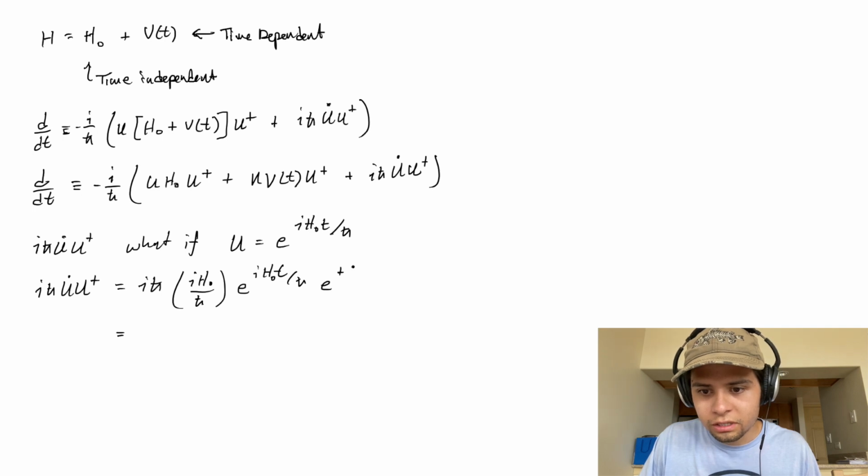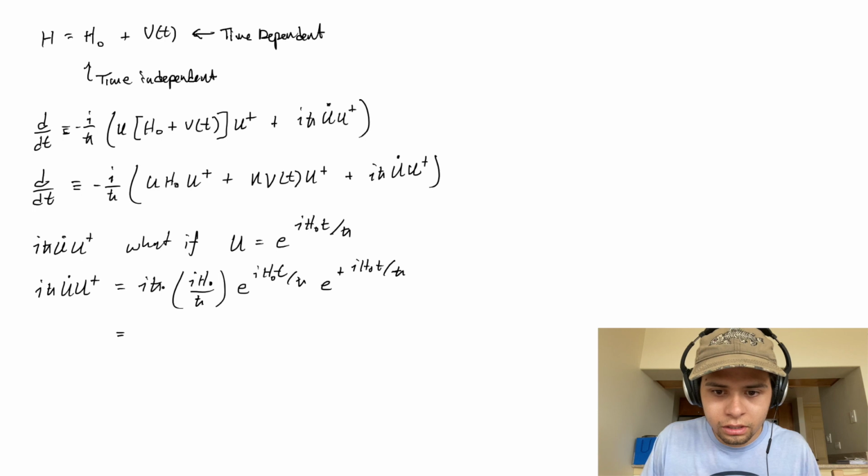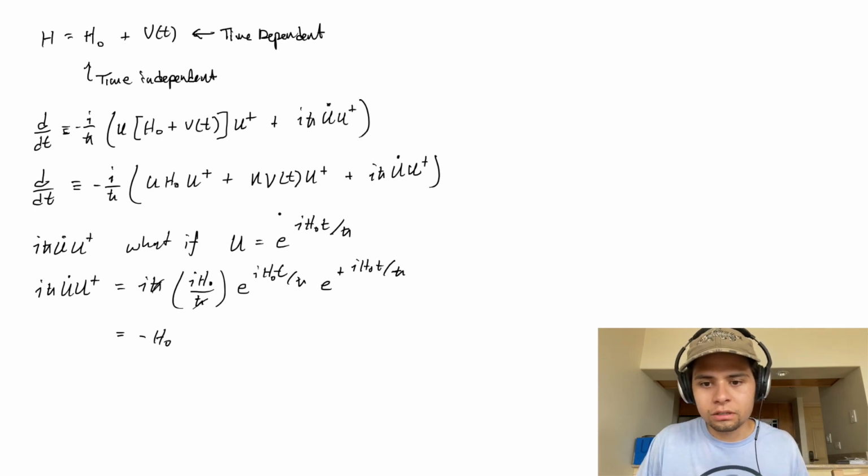This times its complex conjugate is just going to be 1, and that gives us, so i times i is negative, that's -1, and then the h bars cancel out here, and we get negative H naught, and that checks, right?